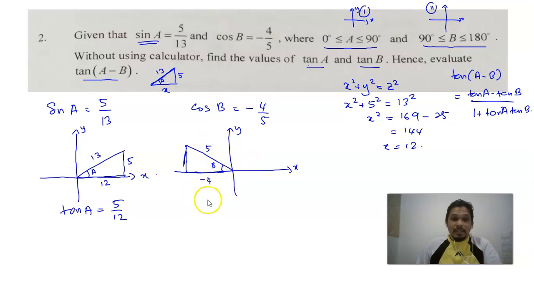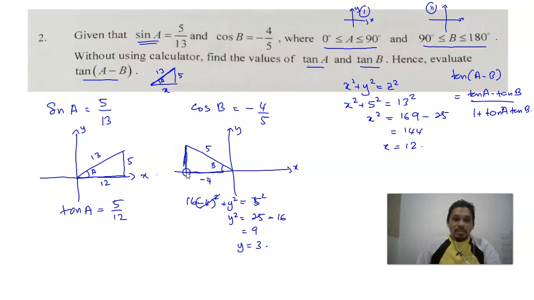And again, -4 squared plus y squared equal to 5 squared, where 5 squared is 25, minus -4 squared, which is 16, so 25 minus 16 equal to 9, then y equal to 3.